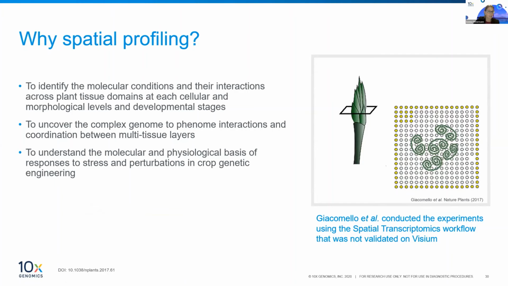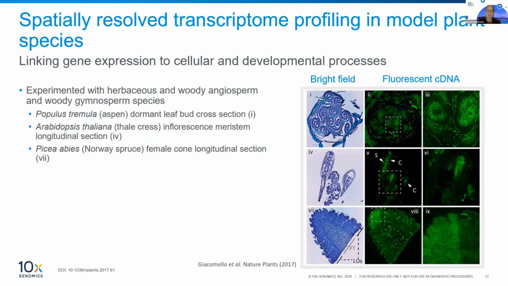We've seen this work in seeds as well, so it really opens up some exciting avenues there for plant researchers. And it does take further optimization in the workflow, in the staining and the permeabilization, obviously because plant cells are quite different in their structure than mammalian cells.